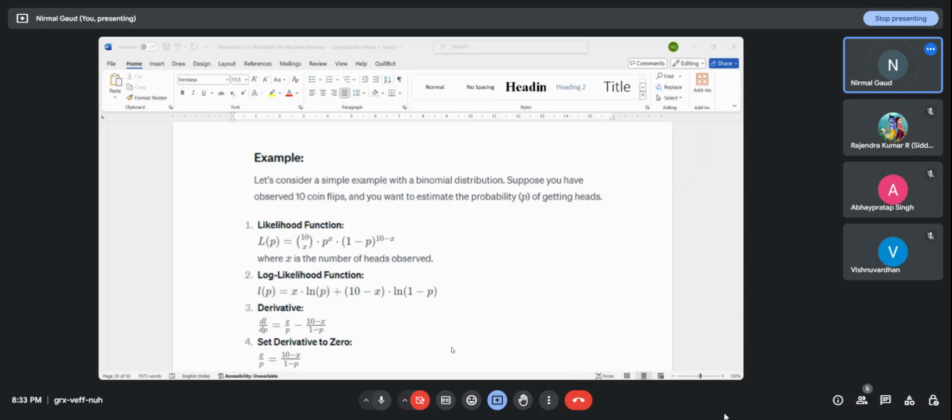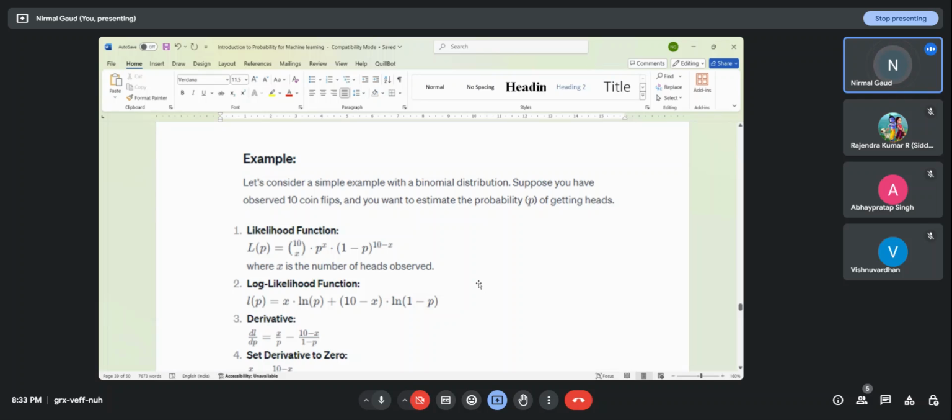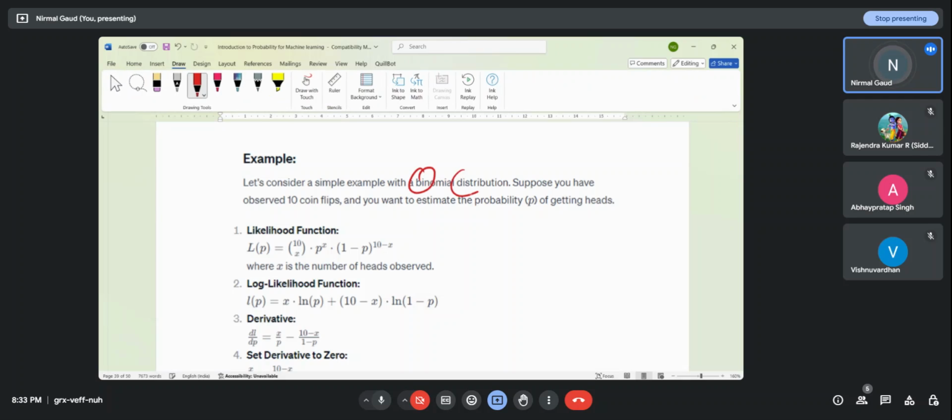here, a simple example with a binomial distribution. This one also we have seen in the previous class. See, there is a likelihood function.